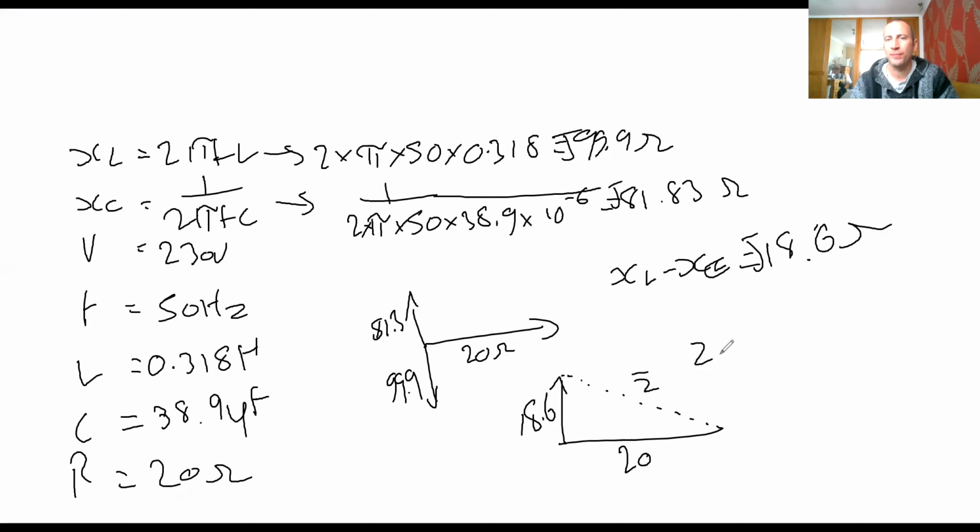So Z is equal to the square root of 20 squared plus 18.6 squared. So then Z is equal to, let's have a look at that. It's going to be bigger than 20, isn't it, if you remember?